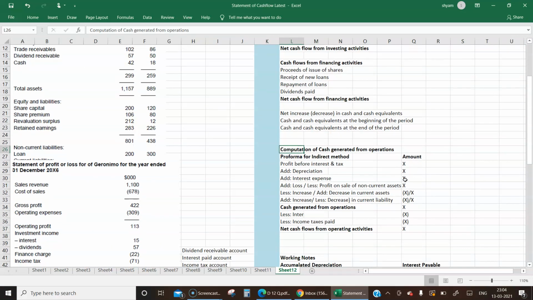So we have several numbers, so first we'll set up all these elements so that it's quite easy for us.